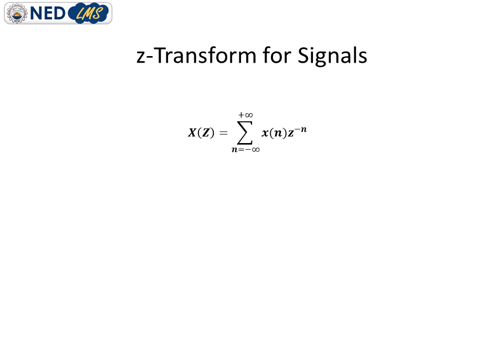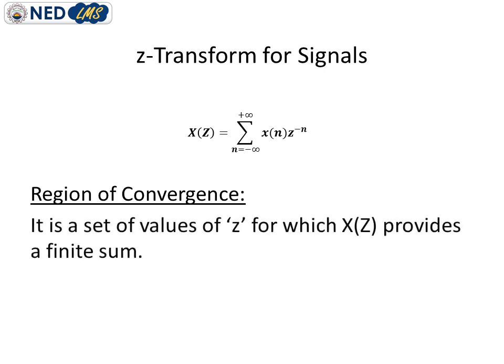Another important thing related to Z transform is the region of convergence, which is basically the set of values of Z for which this expression provides a finite sum. It means we have to look for all the values of Z for which this expression produces some finite magnitude.